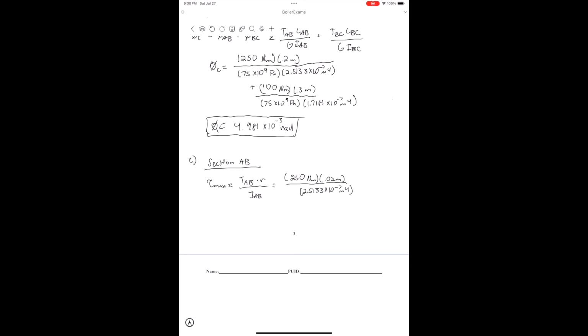And that's going to give us a maximum shear stress of 14.894 megapascals, or 14.894 times 10 to the 6th pascals.